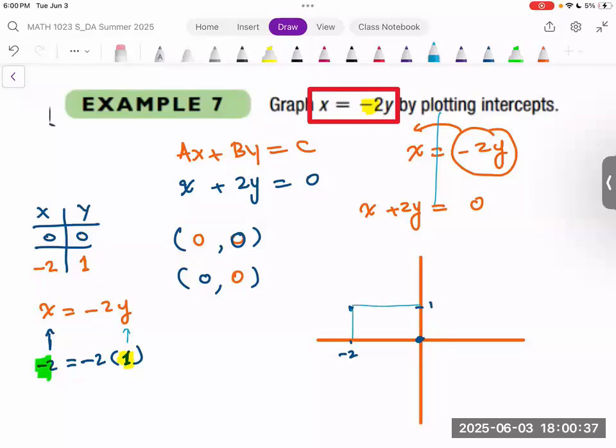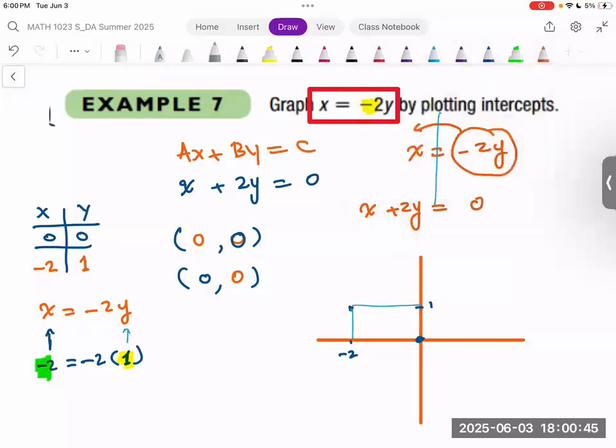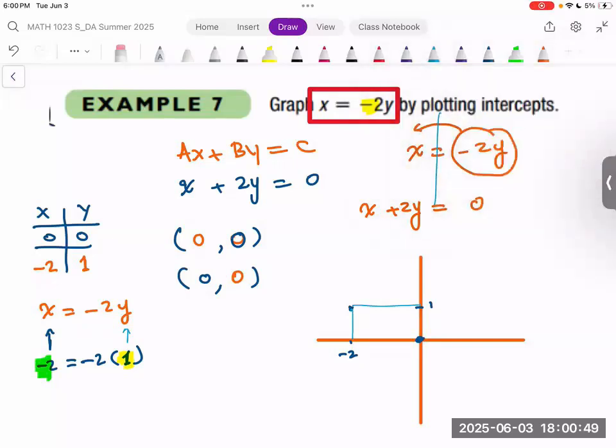We good? All right, so then you connect the 2 points together. I hope I won't miss it. All right, so that's going to be the line, right?